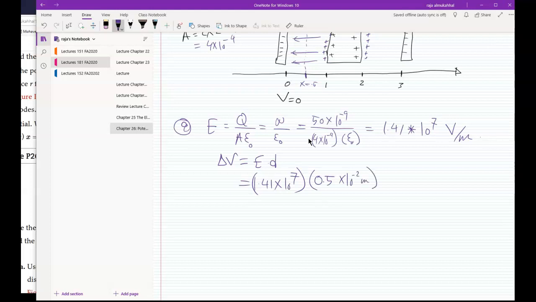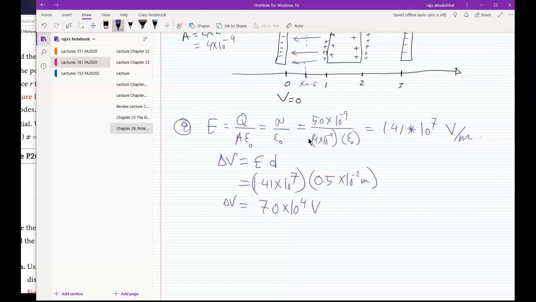Remember, we're doing meters here. If I calculate all of this, that's going to give me 7.0 times 10 to the 4th volt delta V.